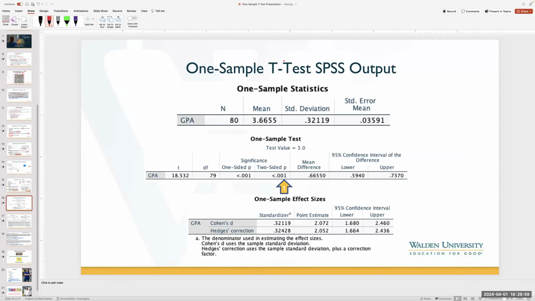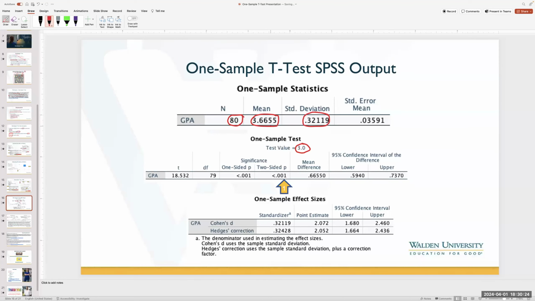Then, once we get the output, this is the results. And you see, this is a very simple test. As you can see, we know now that it was a sample of 80. The average Walden score was 3.66 with a standard deviation. And we remember we talked about that in previous sessions. But now, remember the test value is 3.0.